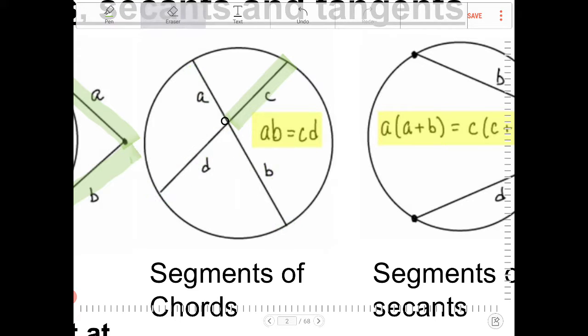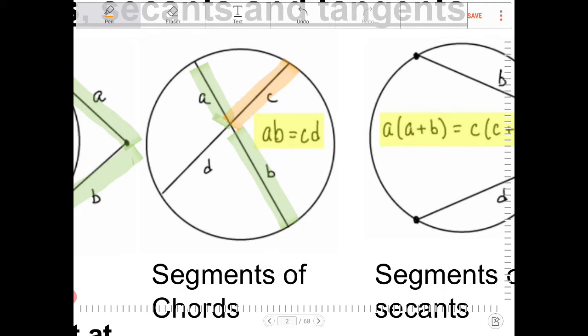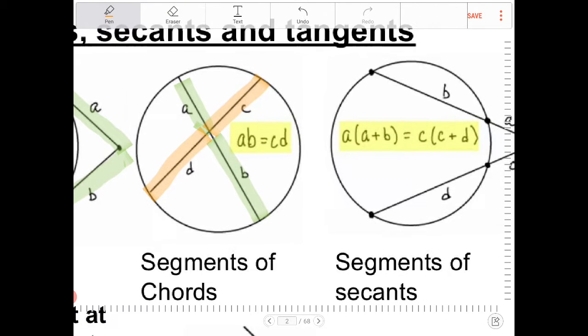So again, the product of the portions of the same chord will equal the product of the portions of the other chord.